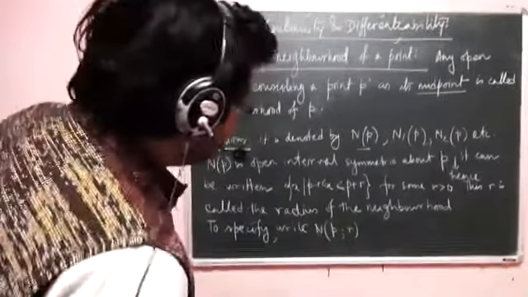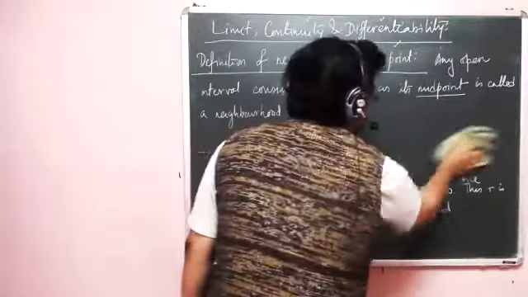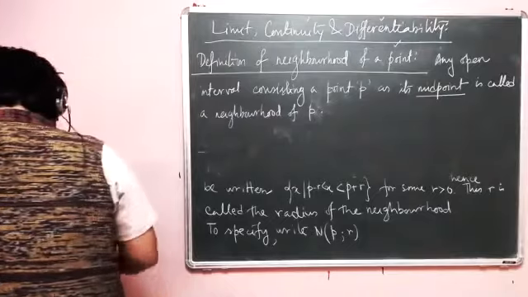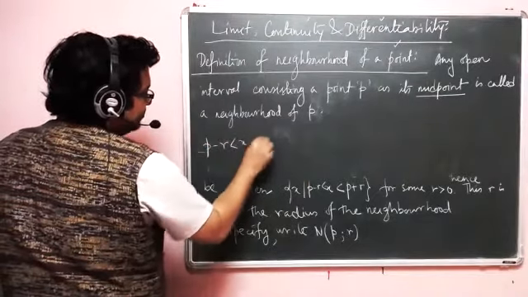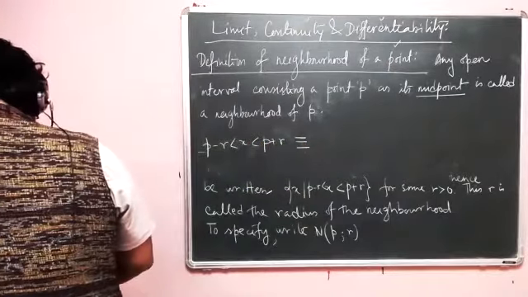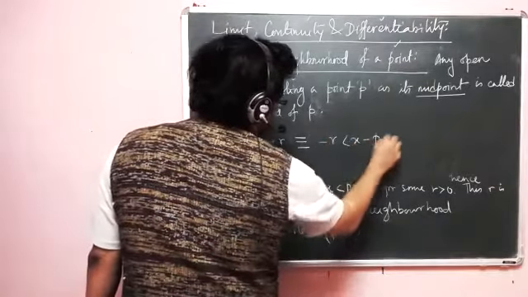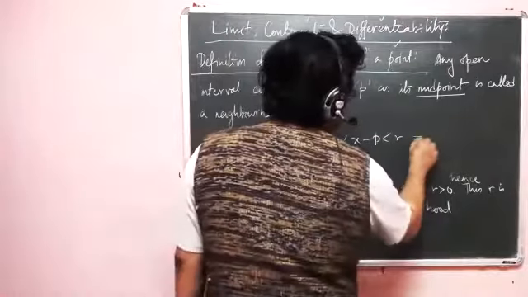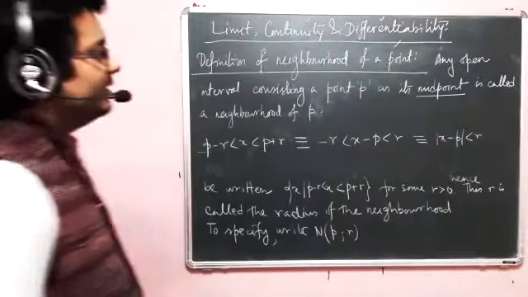So now if we take a look at this, writing this which we have written here is equivalent to minus r less than x minus p less than r. And that essentially means I'm writing mod x minus p less than r. Okay.